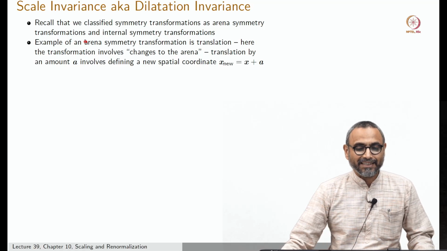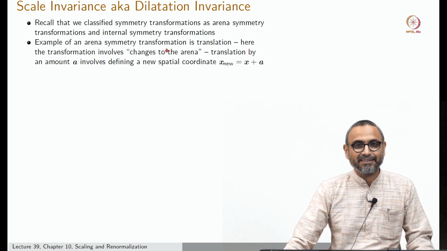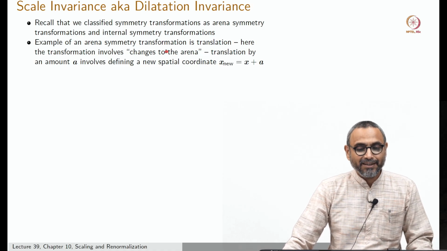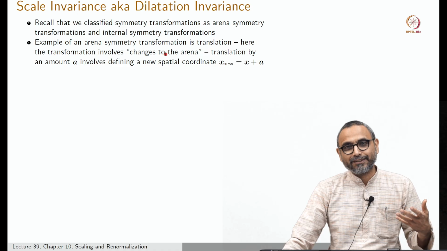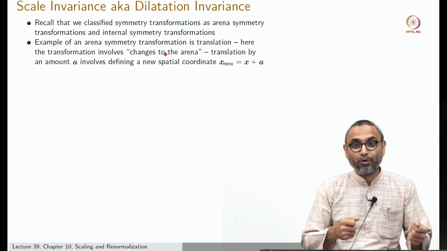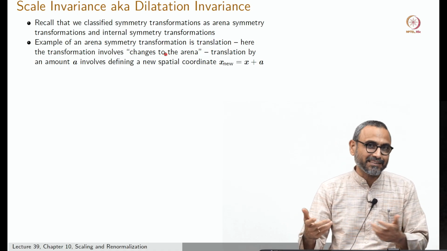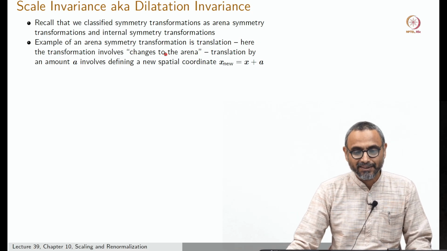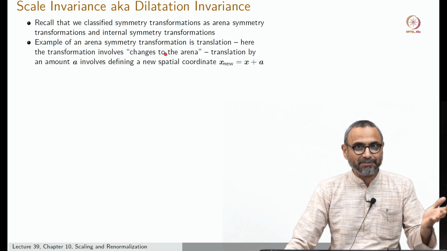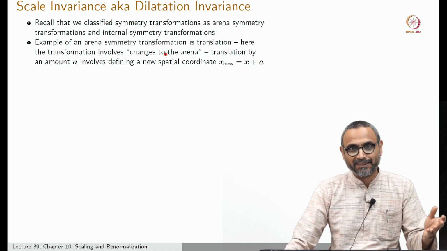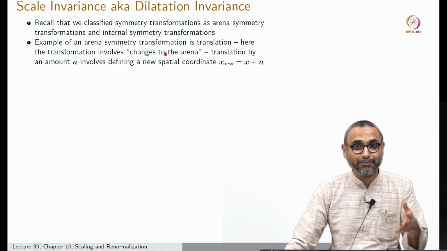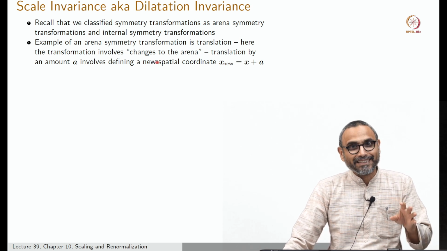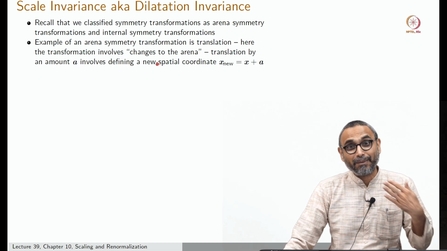Say a system has some translational symmetry. You are translating the system and changing the coordinates of the material points, and you can implement the symmetry as we have discussed. Then the fields or the degrees of freedom will transform in a certain way. The whole point is that the translational symmetry has some effect on the arena.